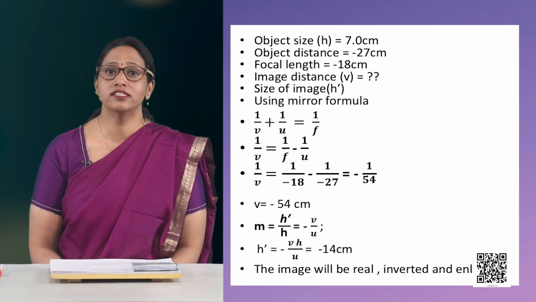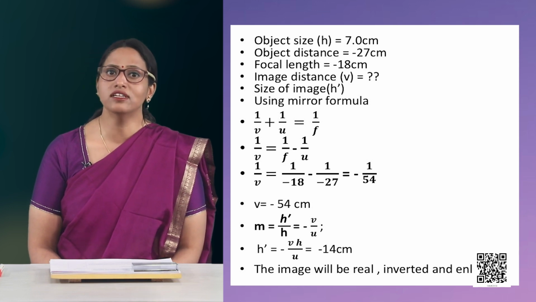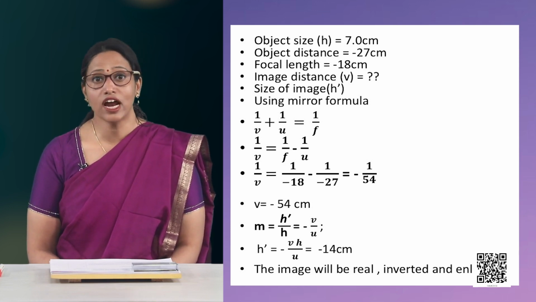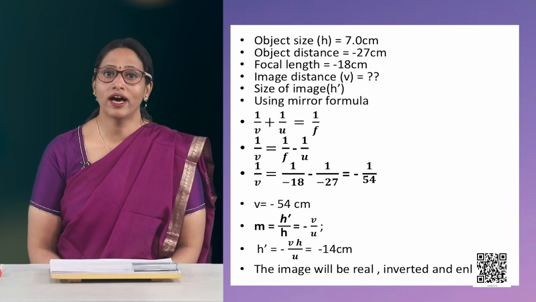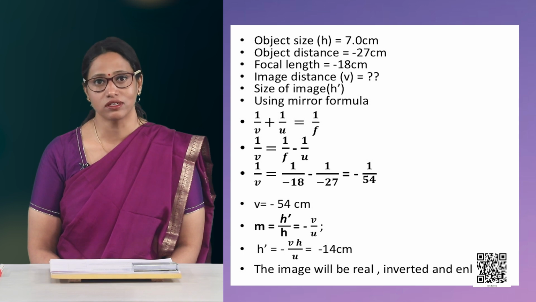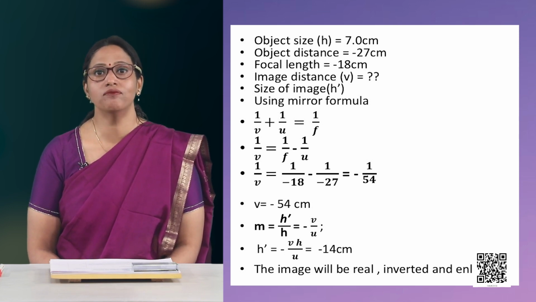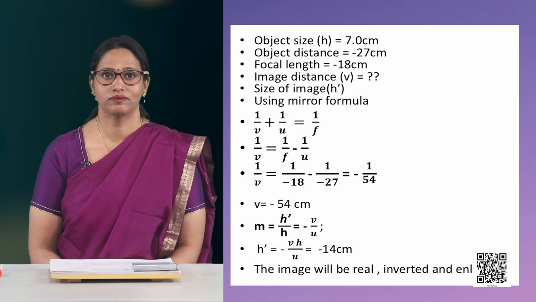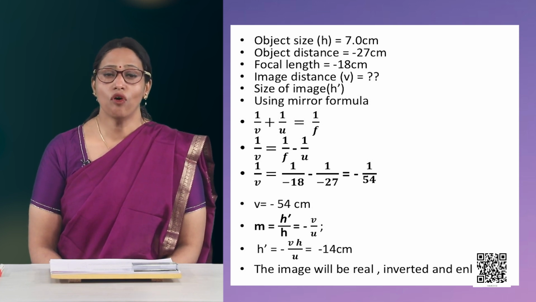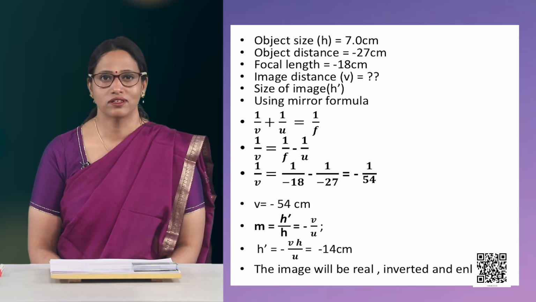Since the object is placed in front of the mirror along the negative x-axis, the object distance is equal to minus 27 cm. Since the focus of the concave mirror lies in front of it, it will be negative. Focal length is equal to minus 18 centimeters.